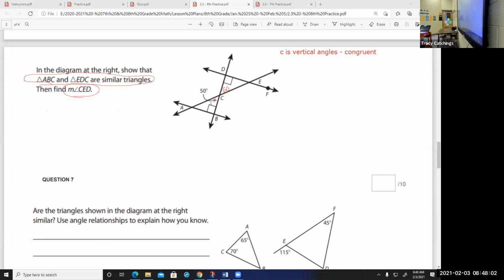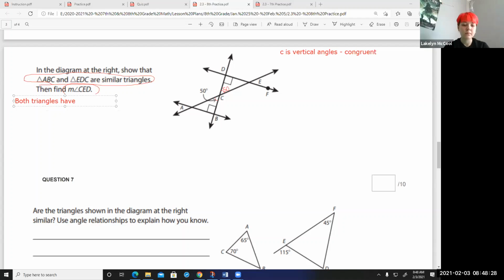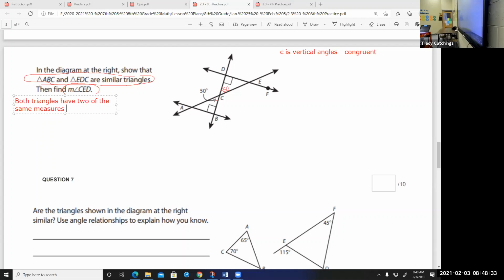What can we say that would explain why these two triangles are similar? What do you now recognize? They got the same measurements. All right, both triangles have two of the same measures, which is 50 and 90 degrees.